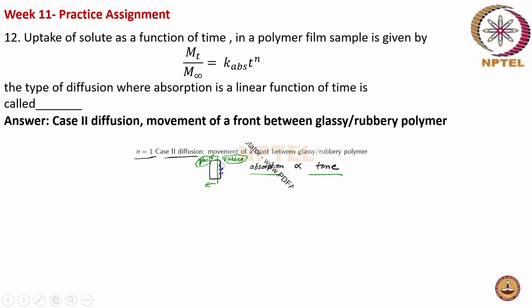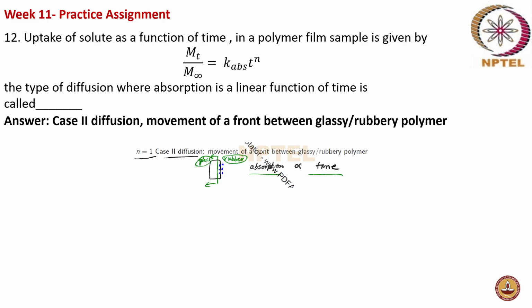That portion gets plasticized and turns rubbery, and slowly this rubbery region starts developing. This is a linear function of time, that means t power 1. So this is called case 2 diffusion.